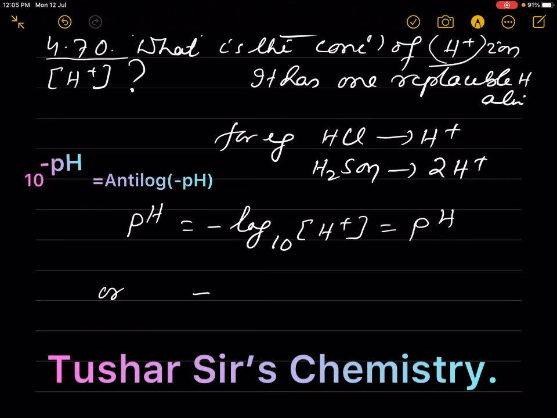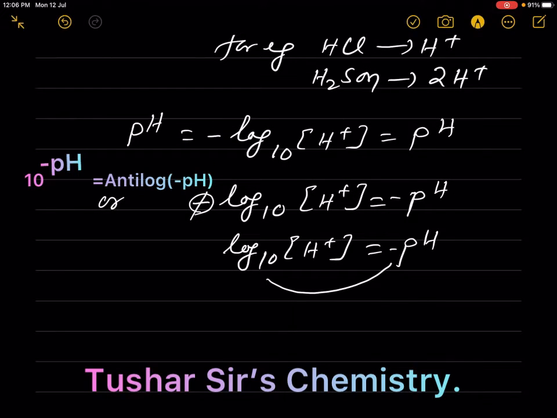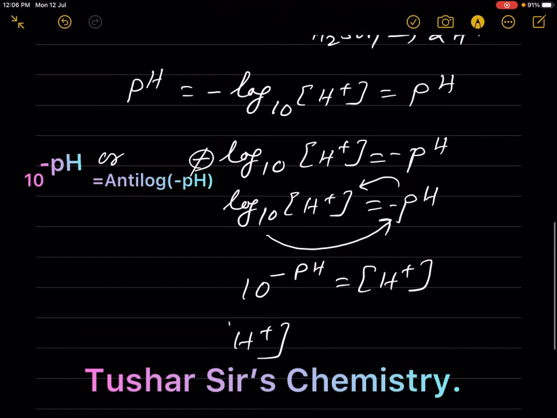Just remove this negative sign from this side and put it over here, and it becomes log base 10 H plus ion concentration is equal to minus pH, or you can say H plus ion concentration is equal to 10 to the power minus pH.